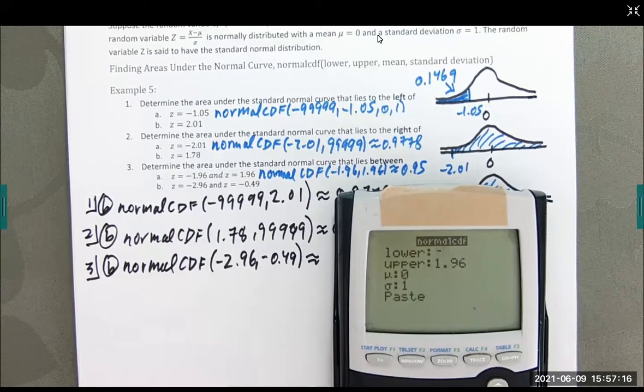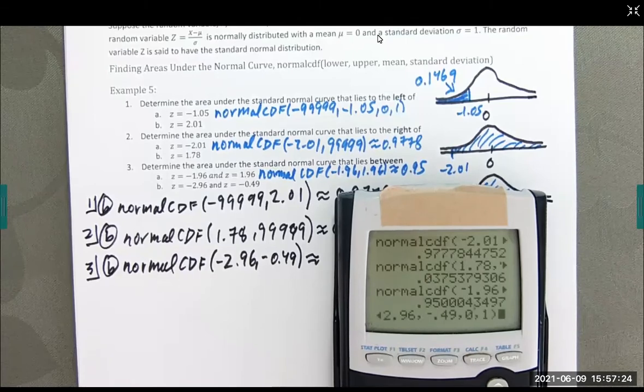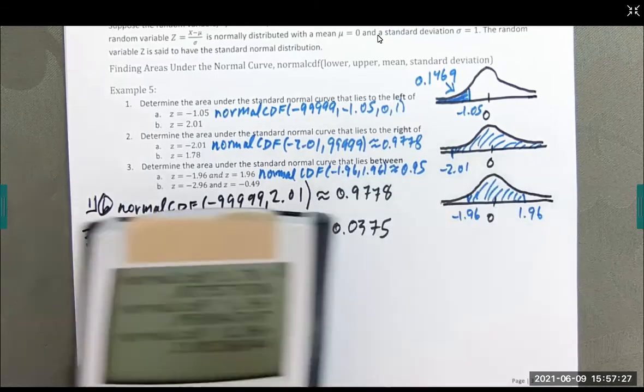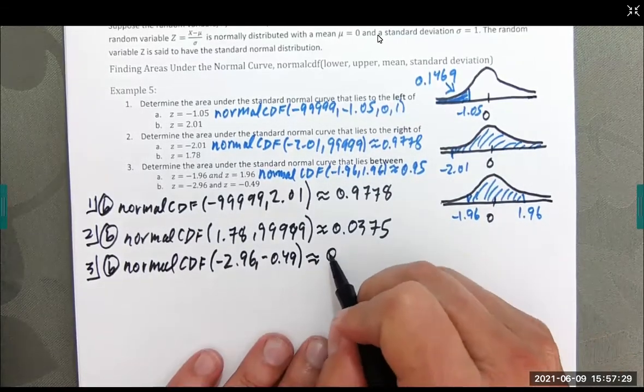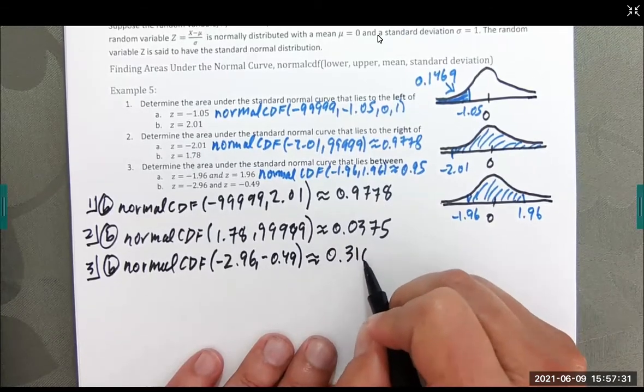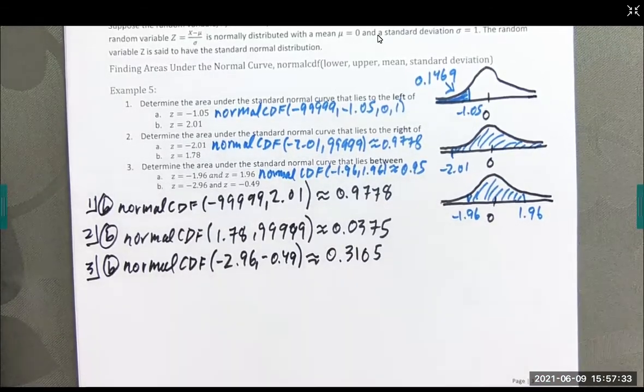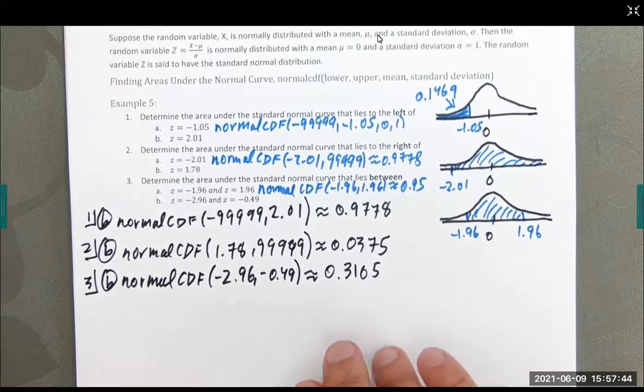You may want to go through that page a couple of times with your calculator just for the practice. Make sure that you know when to do what, when it's going to the right, when it's going to the left, when it's in the middle. All right, moving on.